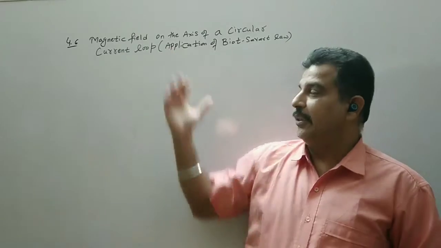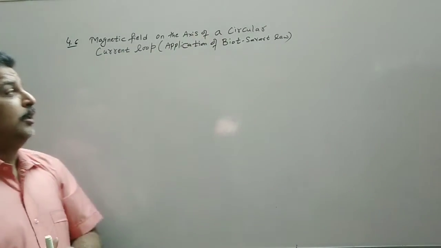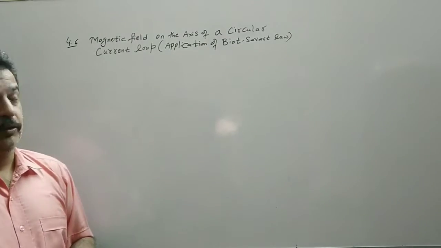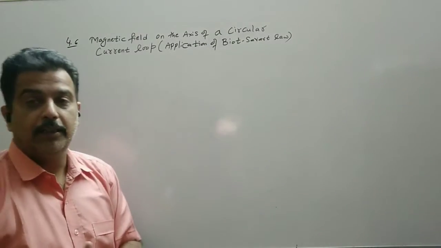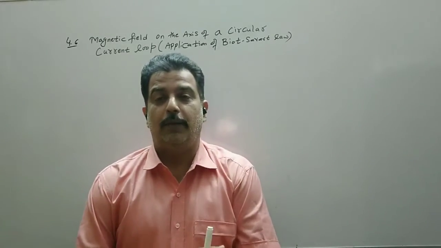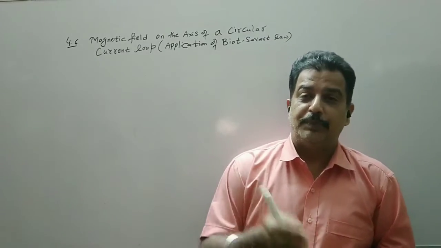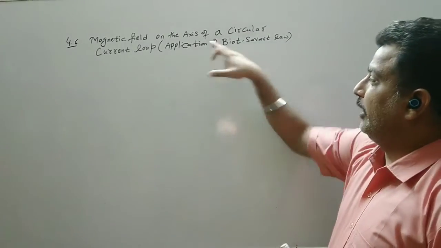Now in this example, the current flowing is circular. So we consider a ring in which the current is circular. Now we have to determine the direction of the magnetic field as well as its magnitude on its axis.